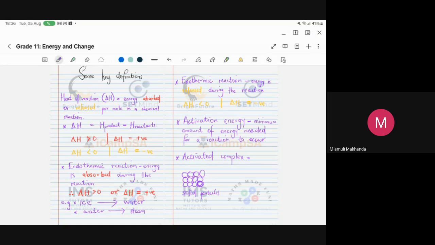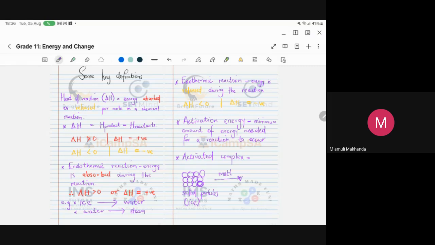It means in this solid, the particles are tightly packed together, right? So imagine I want to start melting this solid. Let's say this solid was ice, and I want to melt this ice to form water.